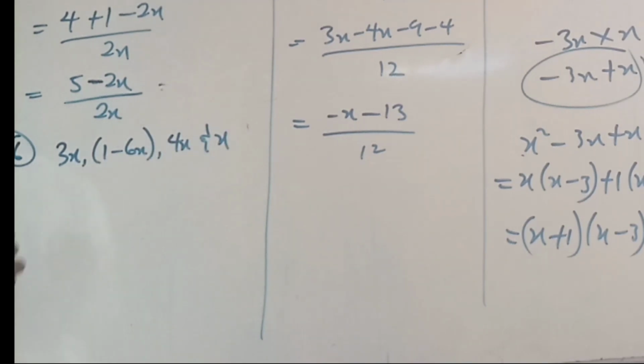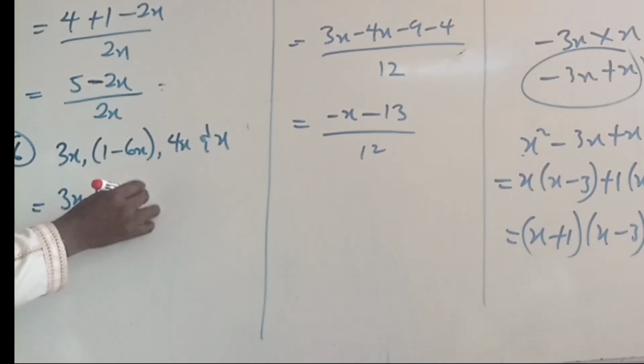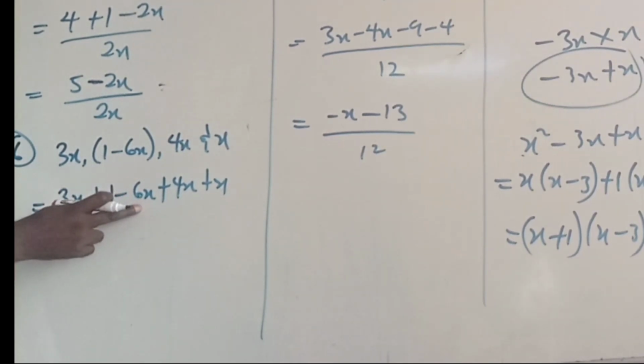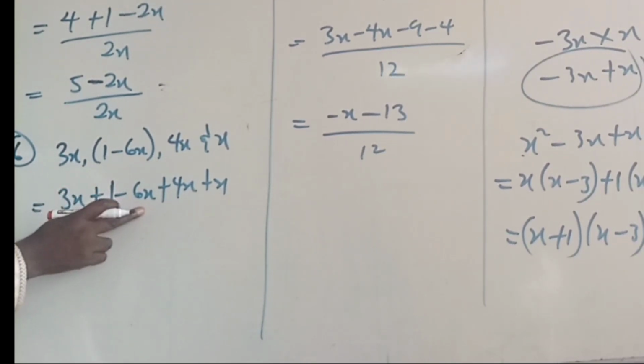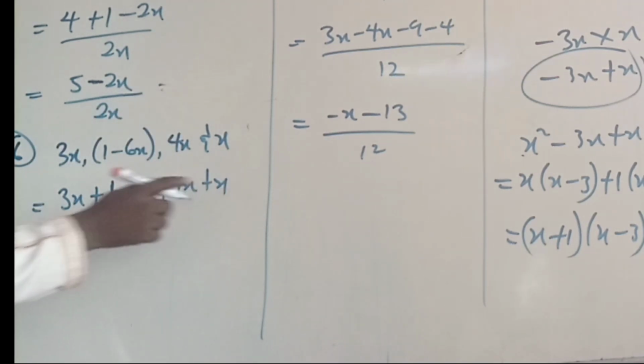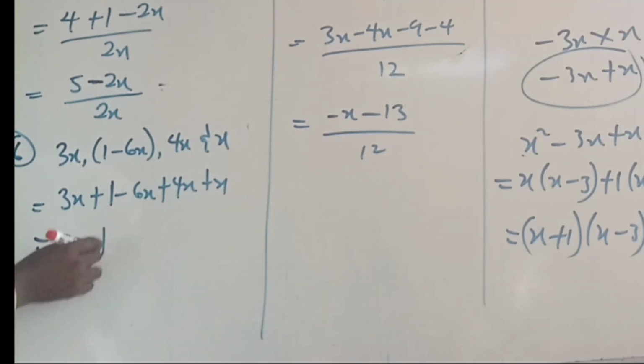So we want to add these together. That gives 3x plus 1 minus 6x plus 4x plus x. 3x minus 6x, minus 3x. Minus 3x plus 4x, x. x plus x, 2x plus 1.